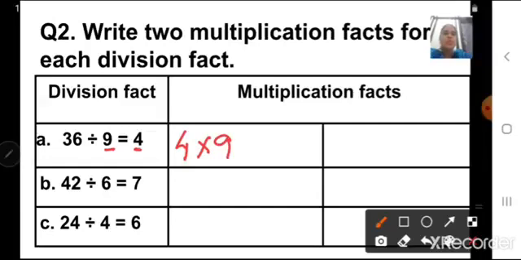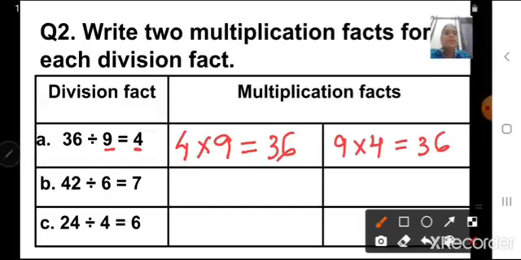Correct? So it is the quotient multiplied by the divisor. What will be the answer? 36. Correct, children? 4 nines is 36. Likewise, we can interchange the numbers here, the factors. So 9 into 4 is equal to 36.